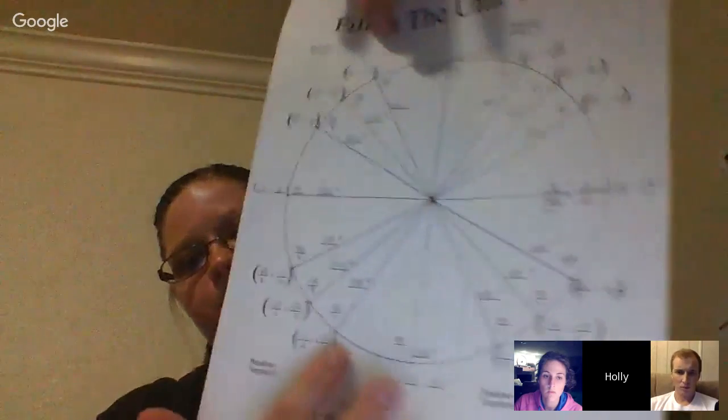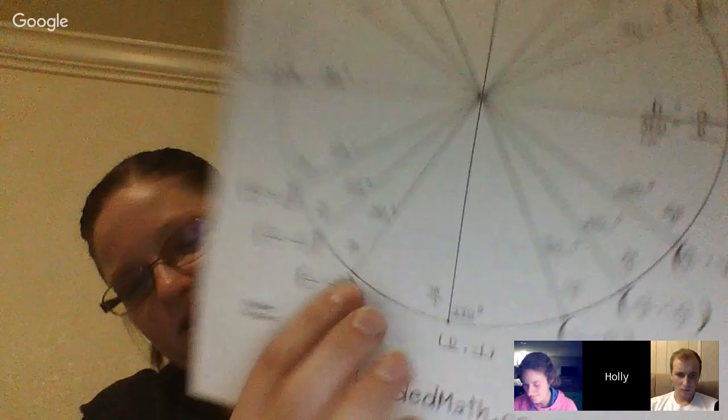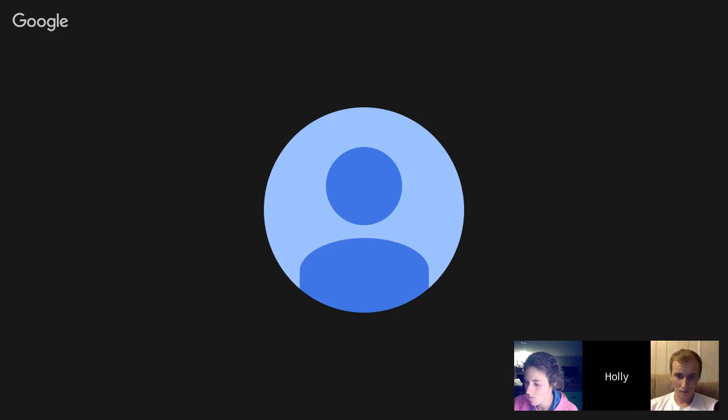So you find the 4 pi over 3 on the circle. It's located at the 240 degree mark. And then the x is the cosine and the y is the sine. So it's negative square root of 3 over 2.